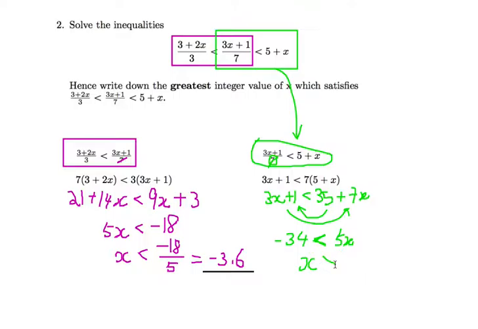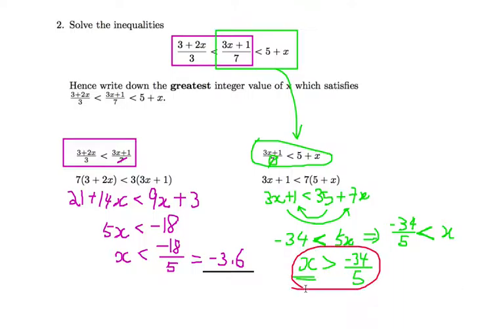So I'll swap it because I prefer writing x this way: x is bigger than minus 34 over 5. If you want to keep the sign this way, smaller than, it's fine, just write like that. But I prefer to look at it in this way.